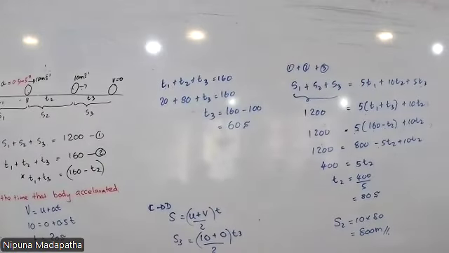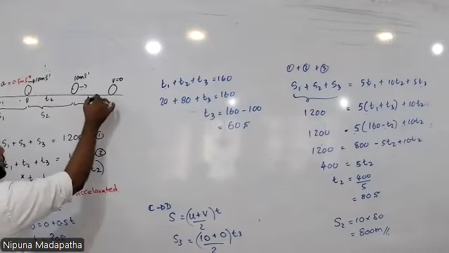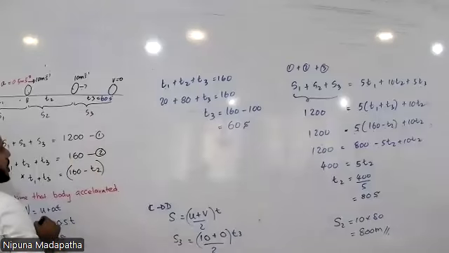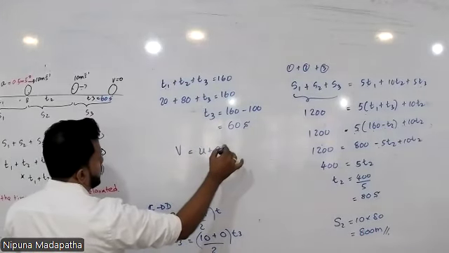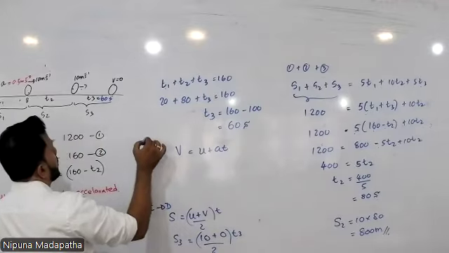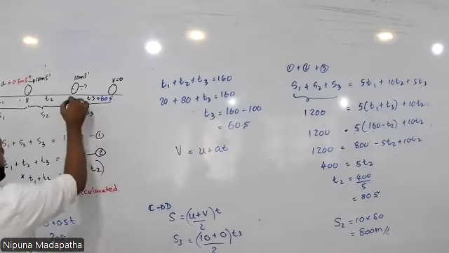Right? 60 seconds is the time that the body decelerates. Then find the deceleration.